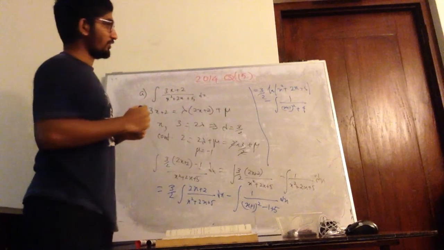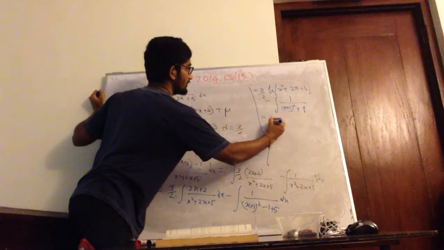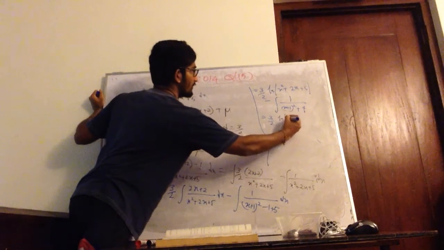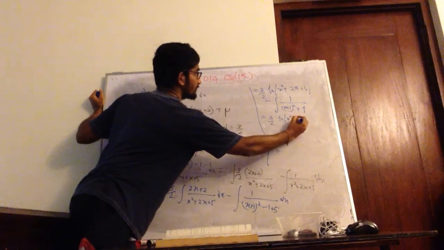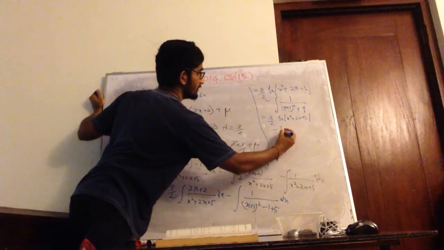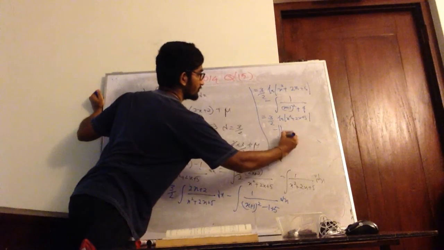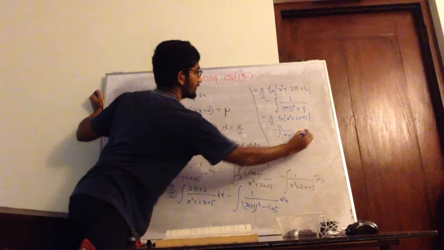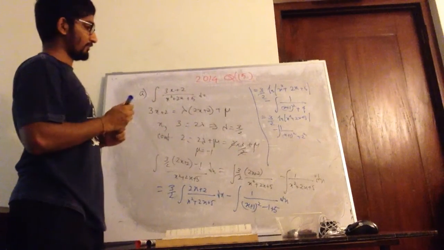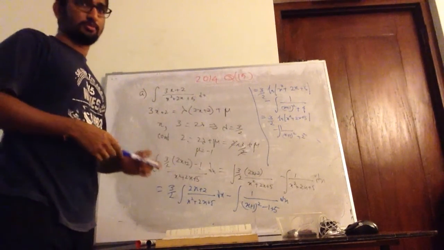Right now? So here you will get 3 over 2 ln (x squared plus 2x plus 5) minus the integral of 1 over (x plus 1) squared plus 2 squared. Right, so write this down. Just about 2 more steps, but write this down.